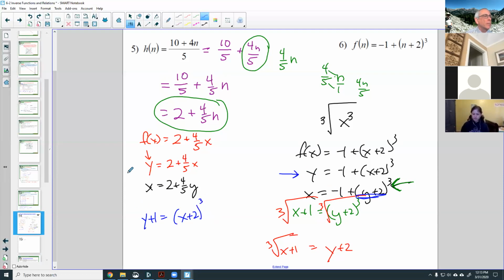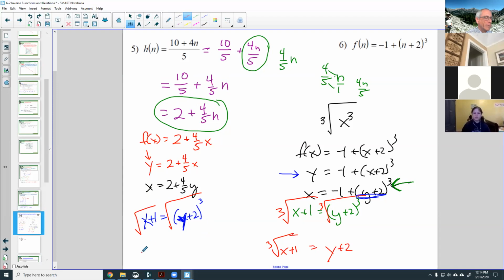I'm sorry, I switched that around. It should be x plus 1 equals y plus 2 cubed, right? And then cube root.